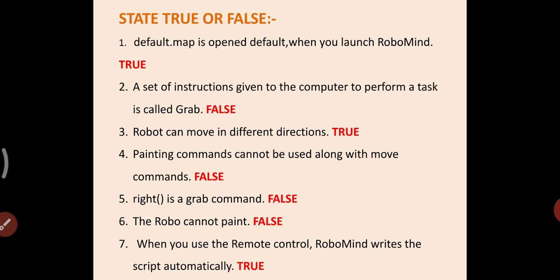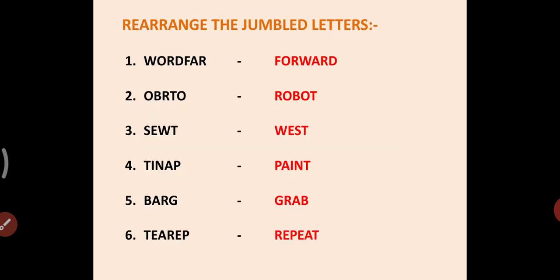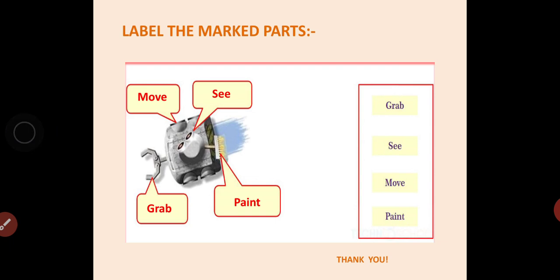Okay, the next one, state true or false. Just observe and write, children. Next one, rearrange the jumbled words. The next one, label the marked parts. Please draw neatly and do it, children.